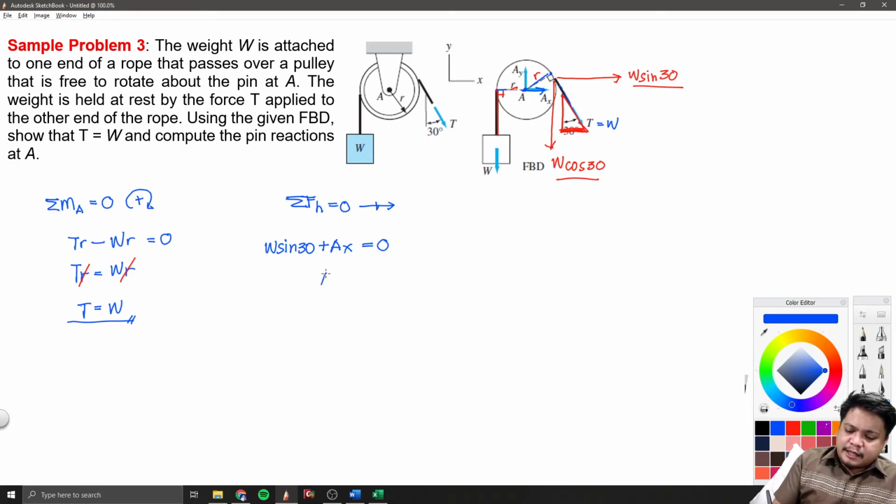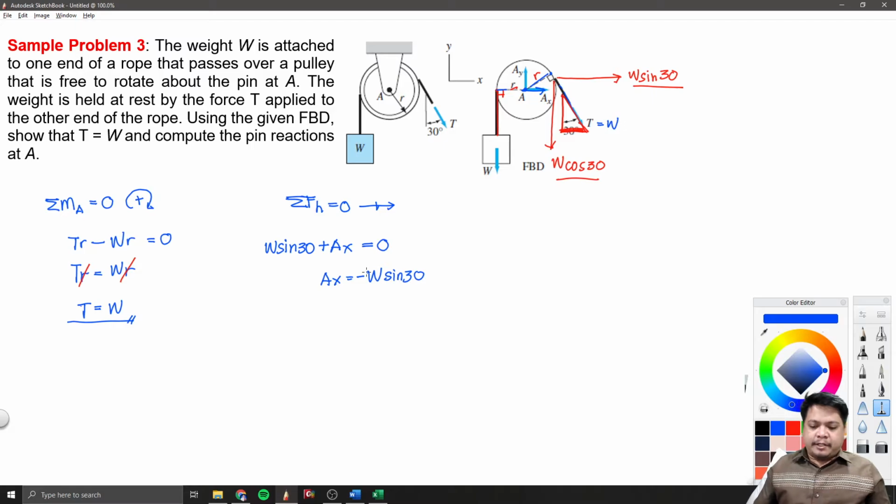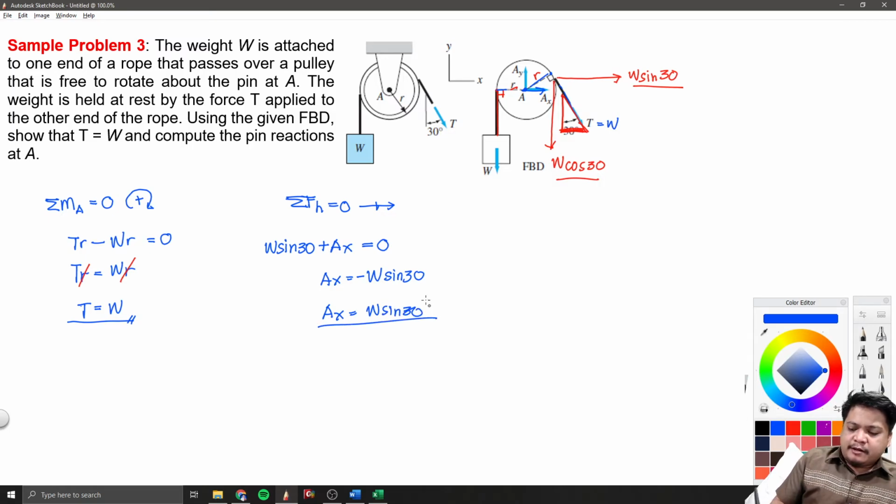We could say that AX equals W sine of 30, but this time it is negative. What does it mean? When the answer is negative, it means that the magnitude is this, but instead of AX going to the right, it is reversed. It means the assumption was wrong, because we just assumed that direction, but it turned out negative, so this is its direction, for equilibrium.